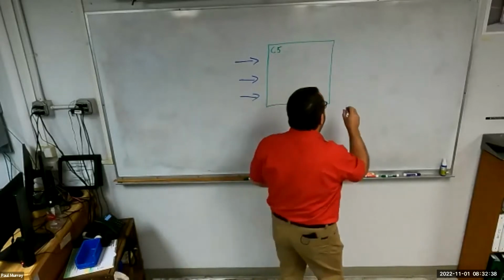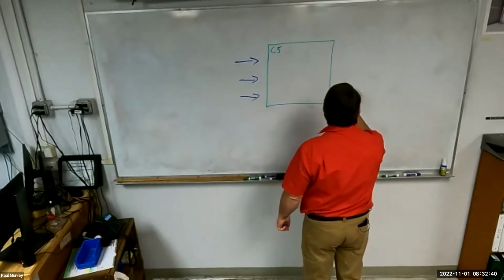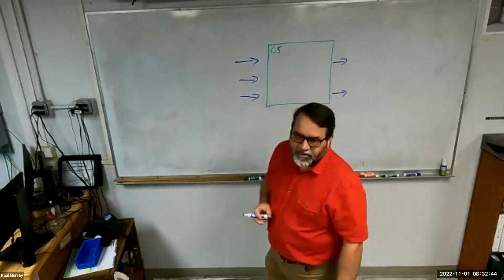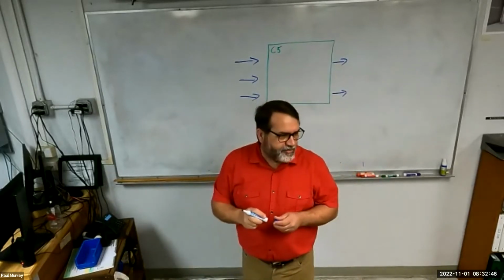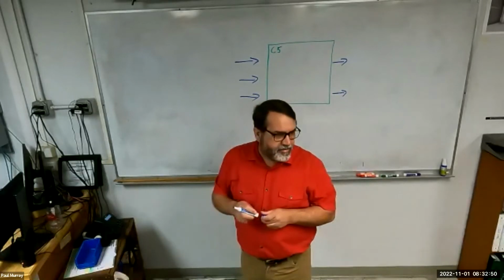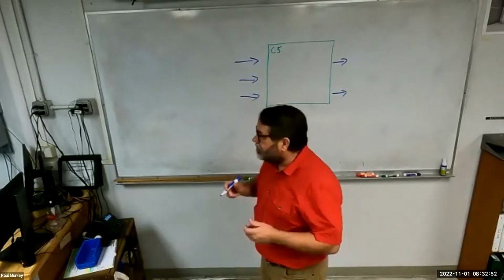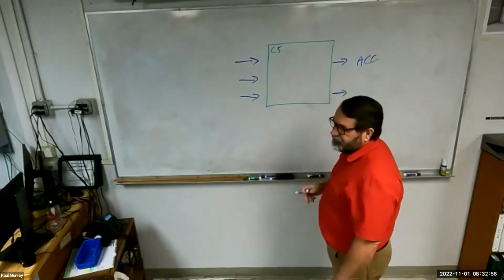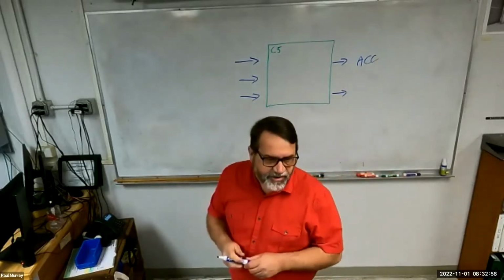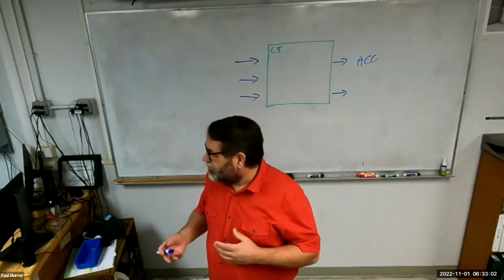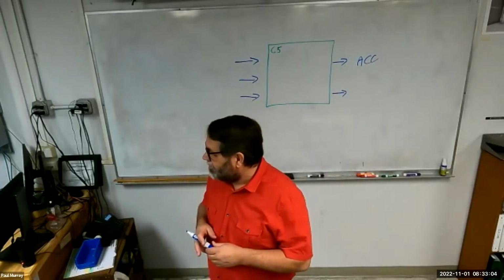And a counter will tell us two things. So what's the counter going to tell us? How much? Yeah, the accumulated value. So a counter has an ACC. What else would the counter tell us? Does it have like a timer timing, counter counting?